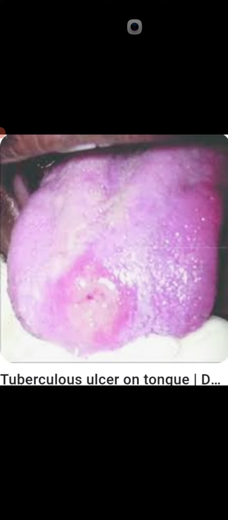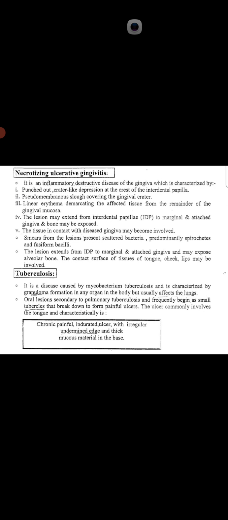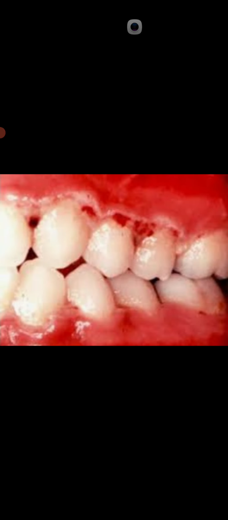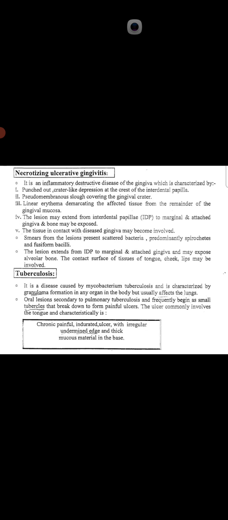Look at the base: the border is red, but the base has thick mucous material. This is the tubercular ulcer, which initially forms as a tubercle, then breaks down to form a chronic indurated ulcer with irregular undermined edges and thick mucous material in the base.